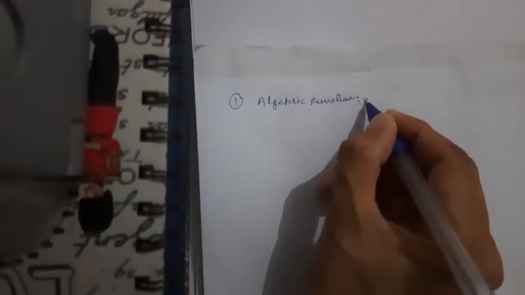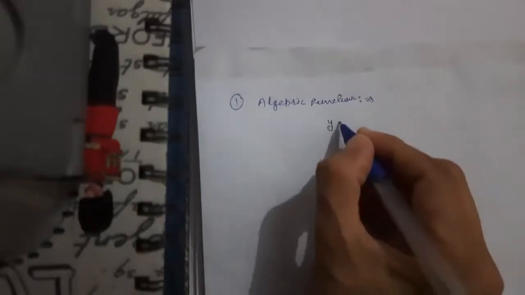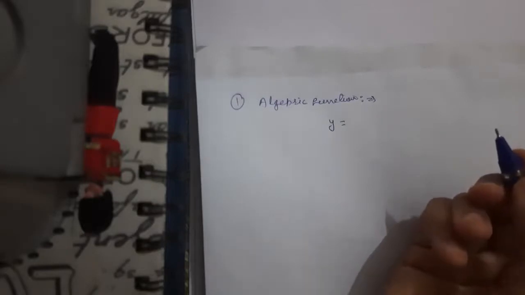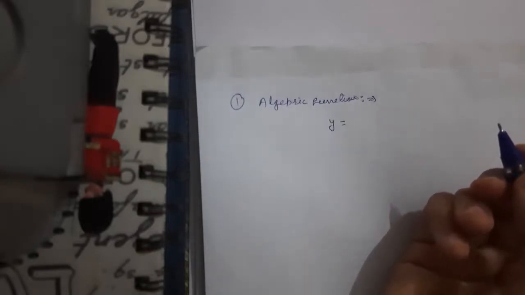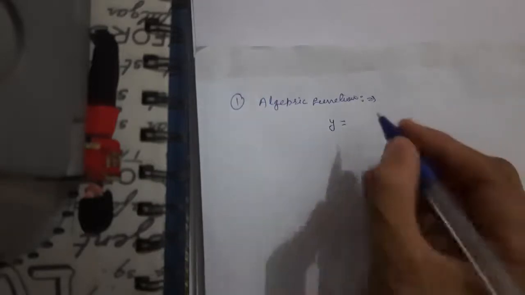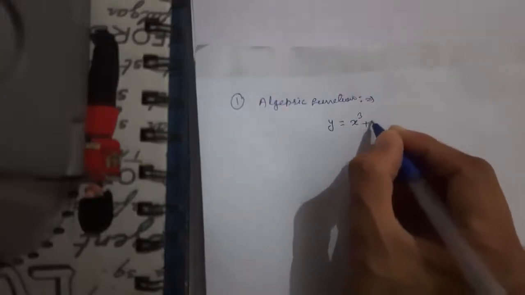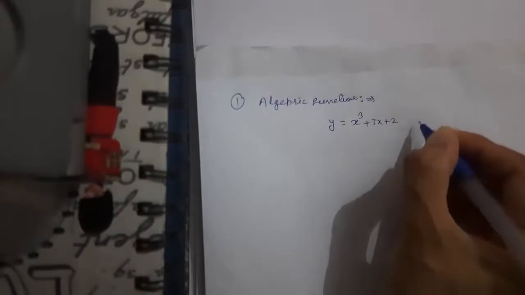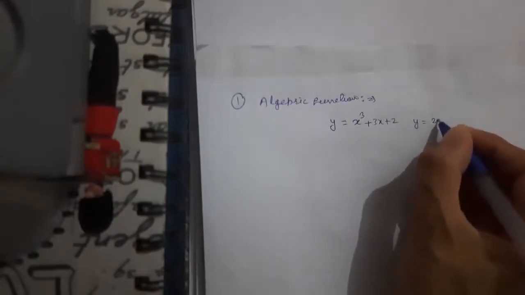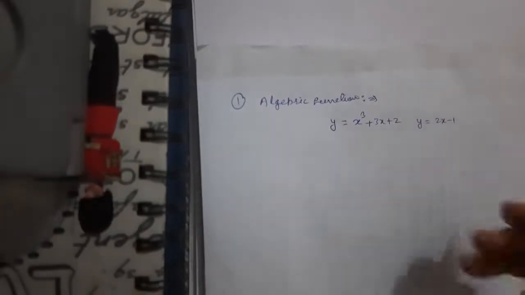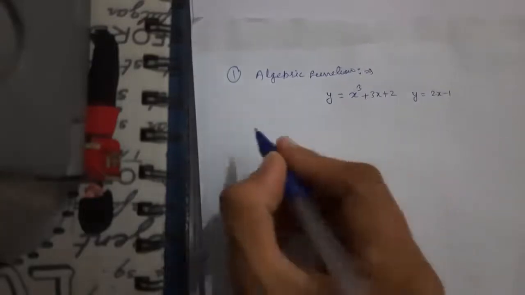Simply, if you have a function in the form of a polynomial, and symbols like addition, subtraction, multiplication and division are used, then this is called an algebraic function. Example, x cube plus 3x plus 2 or y equals 2x minus 1. This kind of function is called an algebraic function.